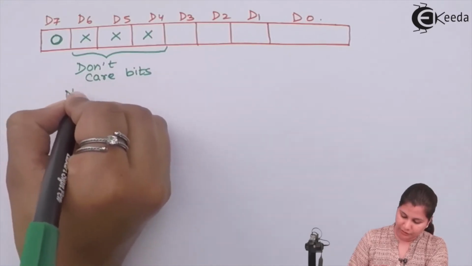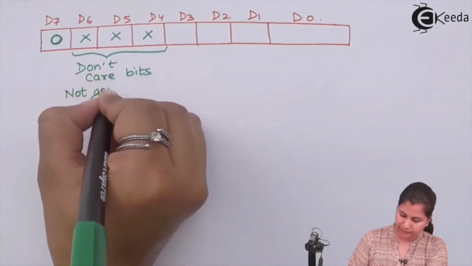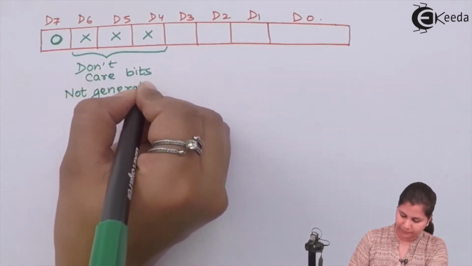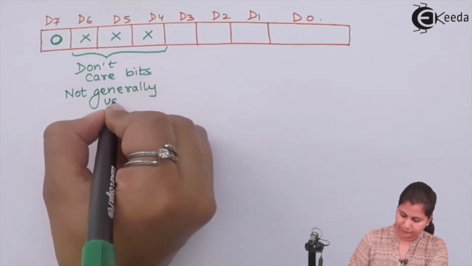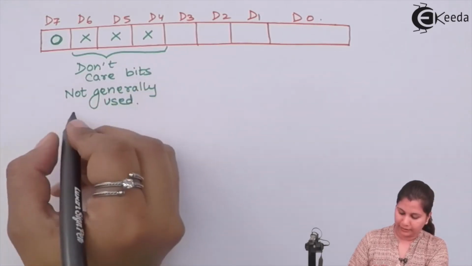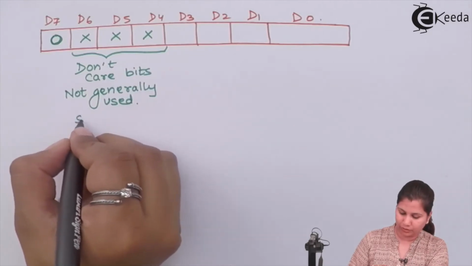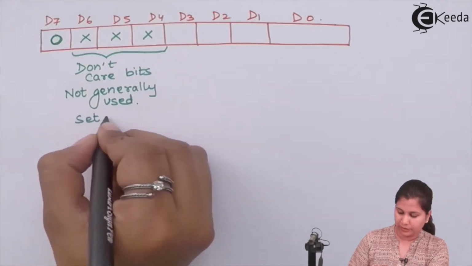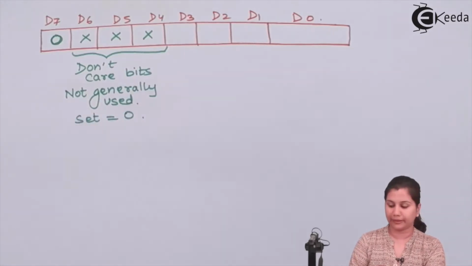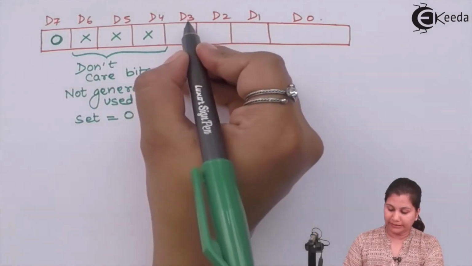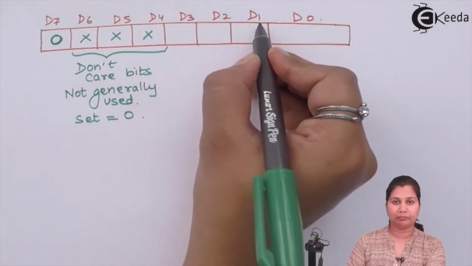Means they are not generally used, and usually they are set to 0.